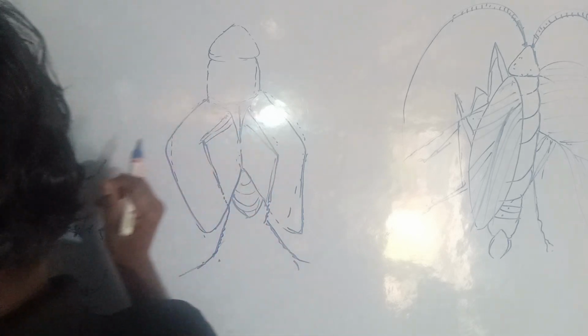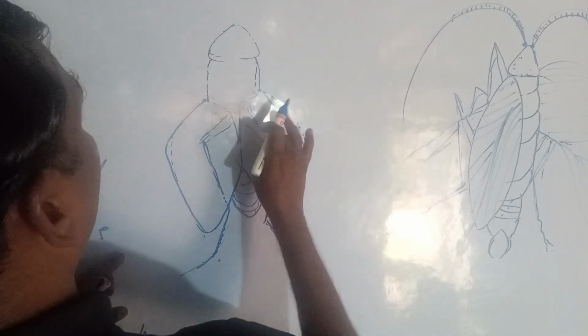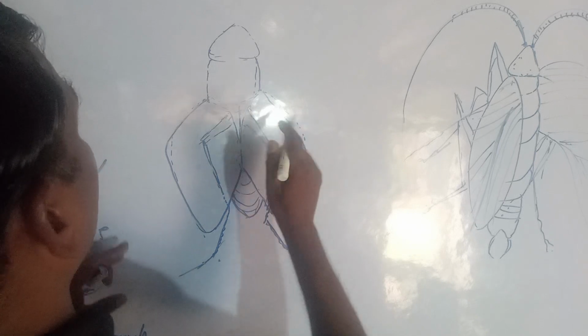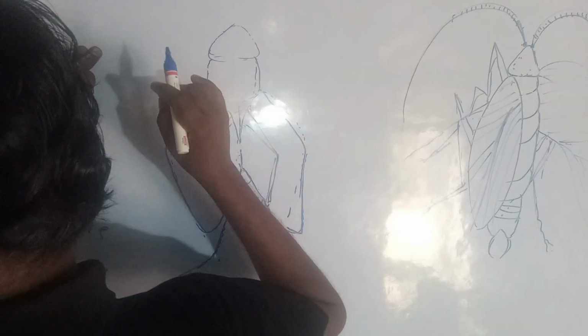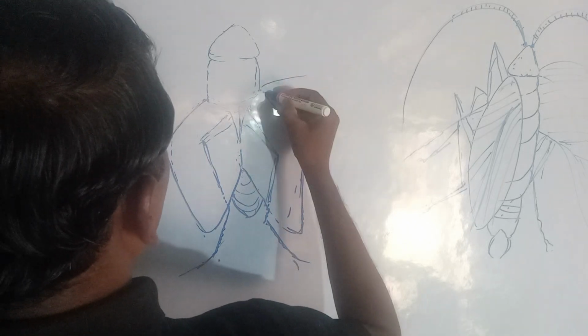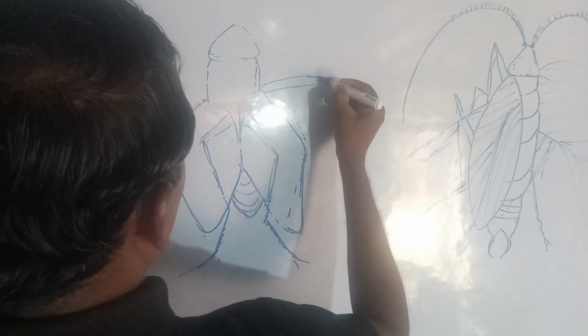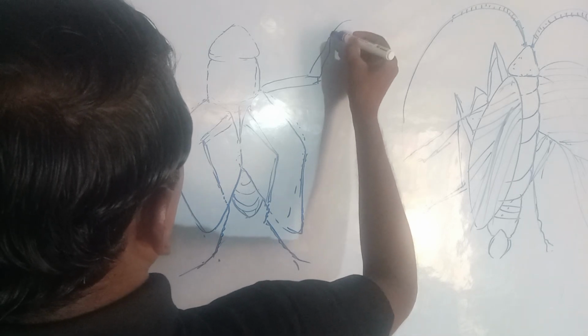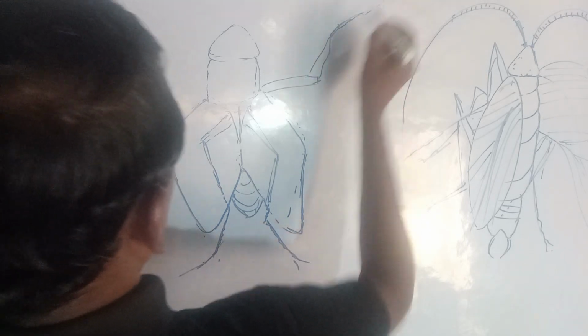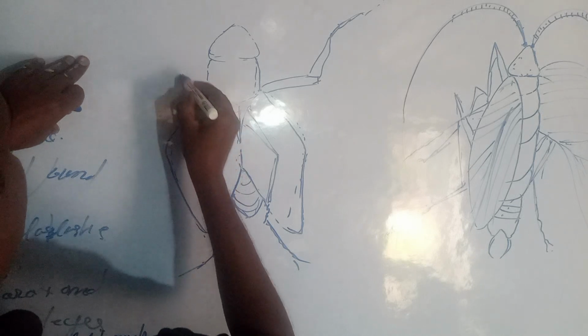These are the structures of Musca domestica, and I hope that one by one you will try to understand its other parts also. This is the jointed, segmented part of the Musca domestica.